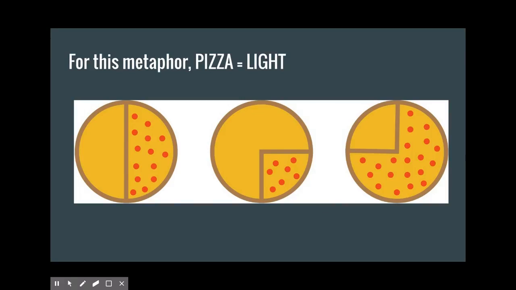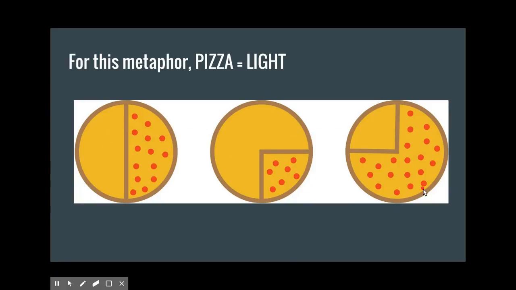So just to take this one step further, think of, in this metaphor, pizza as light. Your camera's digital sensor wants a certain amount of light. It wants a certain amount of pizza. It is always hungry for the same amount of pizza. All right? It doesn't care if it's half cheese and half pepperoni, if it's 3/4 cheese and 1/4 pepperoni, or 3/4 pepperoni, 1/4 cheese.